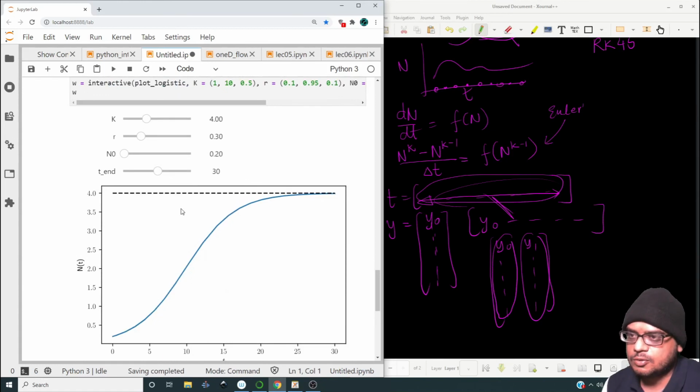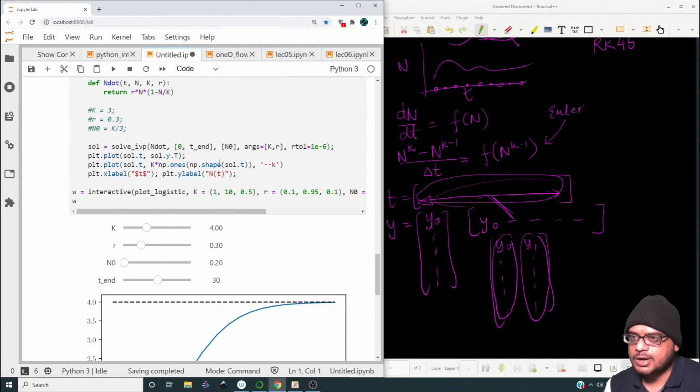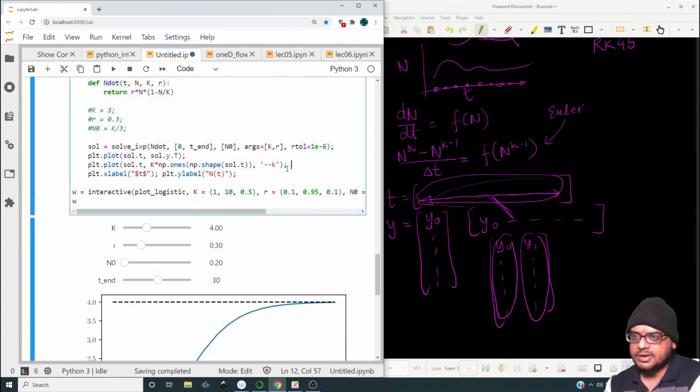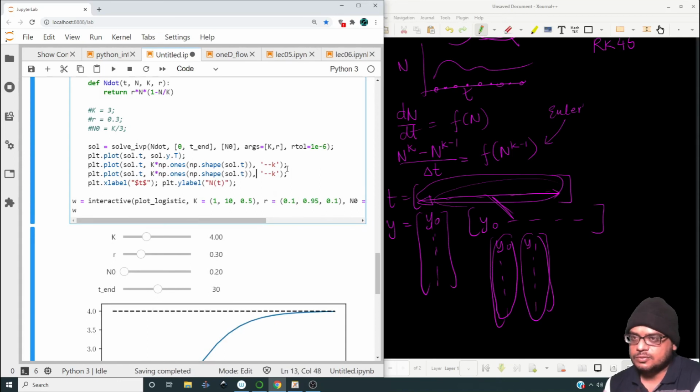Good, so we do have the plot. Right now k is 4 and n naught is smaller than k by 2. So let us in fact plot k by 2 as well. That is a good indicator of the midpoint of the parabola. So let us plot k by 2, and let me make this a red line.